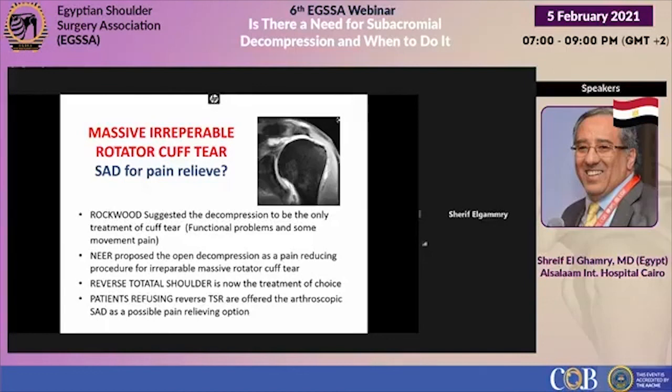Neer proposed the open decompression as a pain-reducing procedure for irreparable massive rotator cuff tears. Reverse total shoulder is now the treatment of choice for irreparable rotator cuff tears, but patients refusing reverse total shoulder are offered the arthroscopic subacromial decompression as a possible pain relieving option.